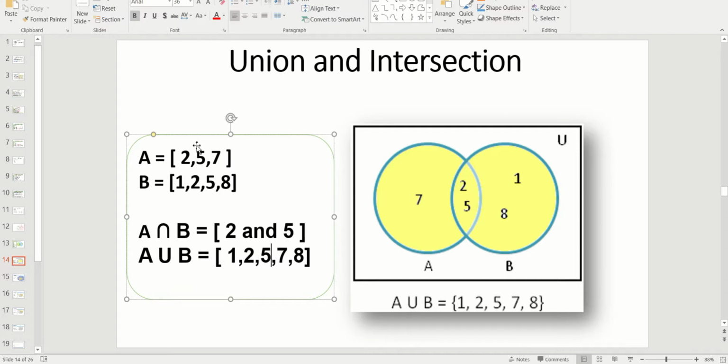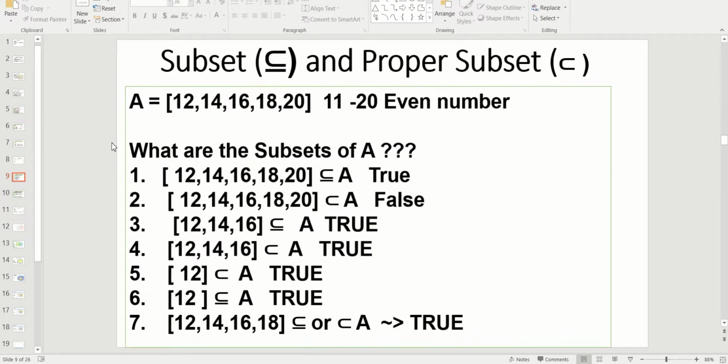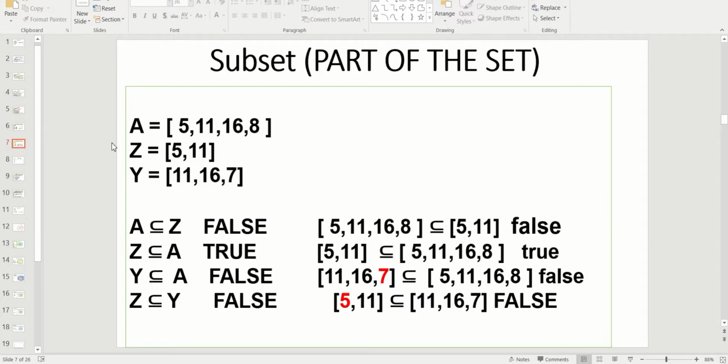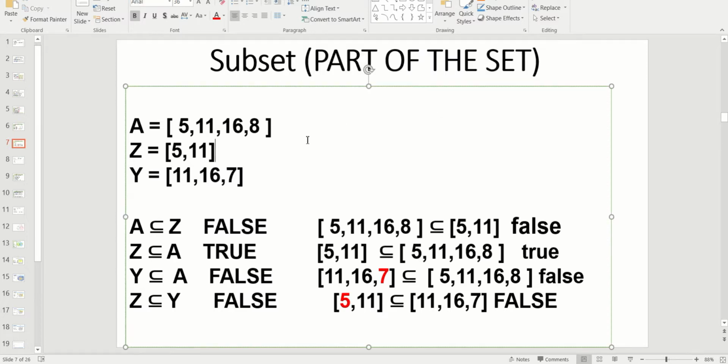Fine, then we are going to continue with subsets. When we are talking about subsets, just think of it as a part of the set. Whenever we compare two sets with different names, for example, if we compare one set to the other set, let's say A subset Z, is it true or false?